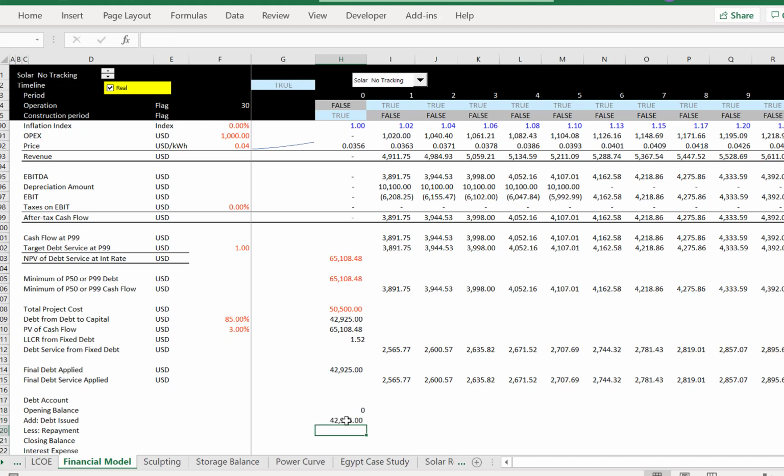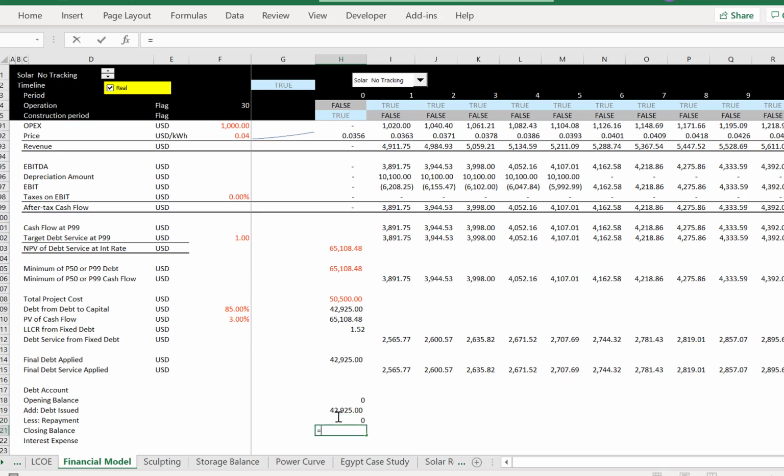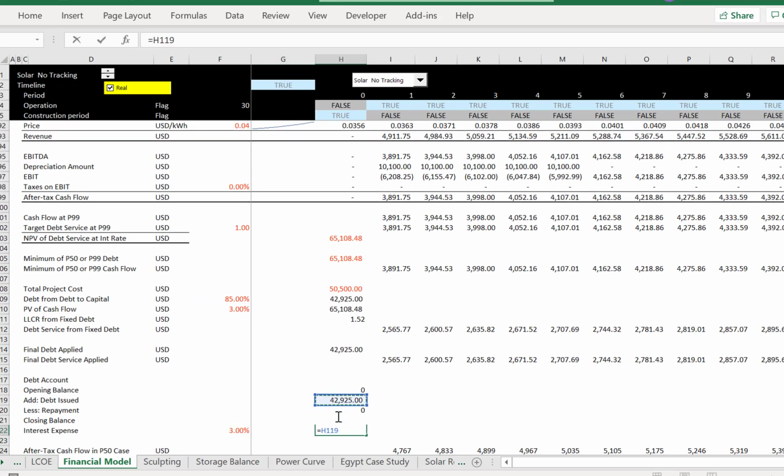And then we take the debt repayment, which is going to be the final debt service minus the interest. I'm sorry I'm doing this a little bit backwards, but it is inherently a little bit backwards. The closing balance is opening balance plus the debt issued minus the debt repayment. I keep everything on a positive number basis, and then we get our interest expense as the interest rate multiplied by the opening balance.